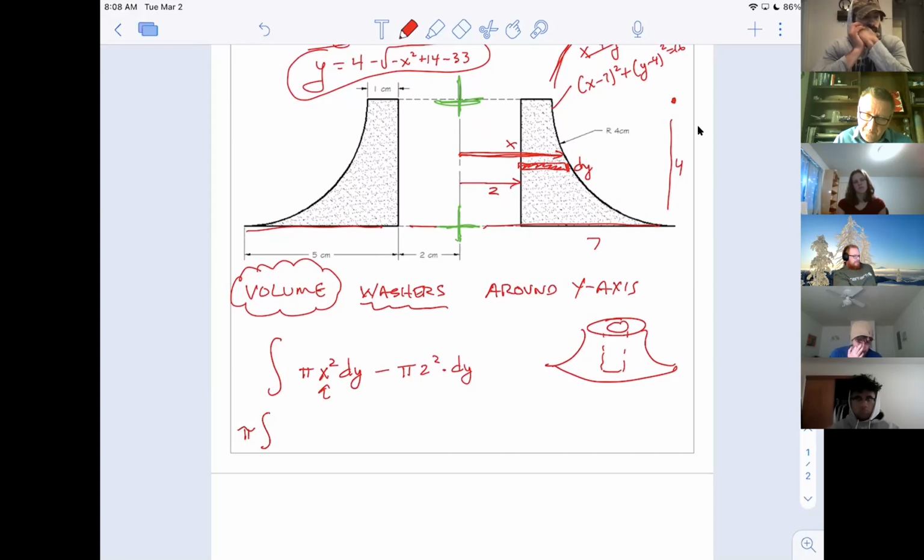So x is replaced with y. See that I left out that x up there. So there's my x value, which is now squared, and then there's dy, or I could just wait till later and keep on going and say minus 2 squared dy.